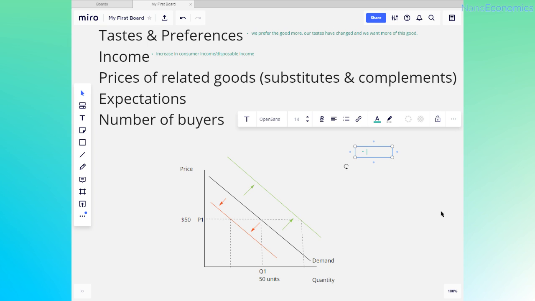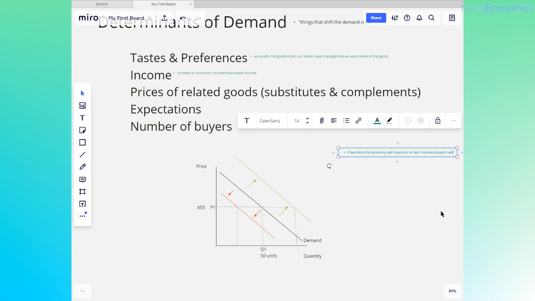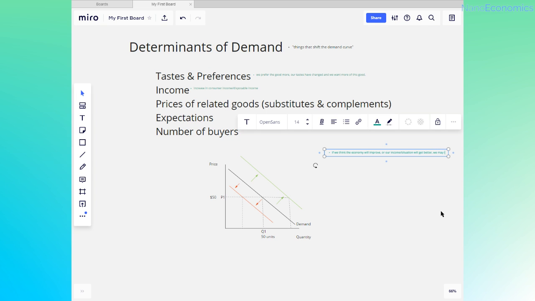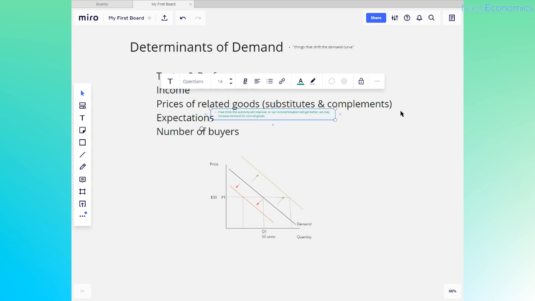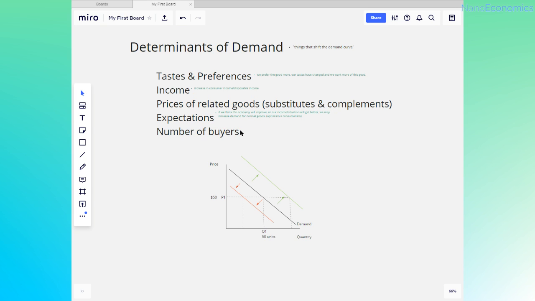For expectations, if we think that things are going to get better, basically if we're optimistic, it leads to a lot of surplus and excess purchases.